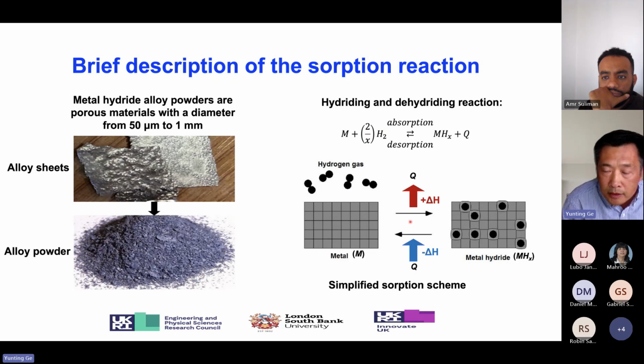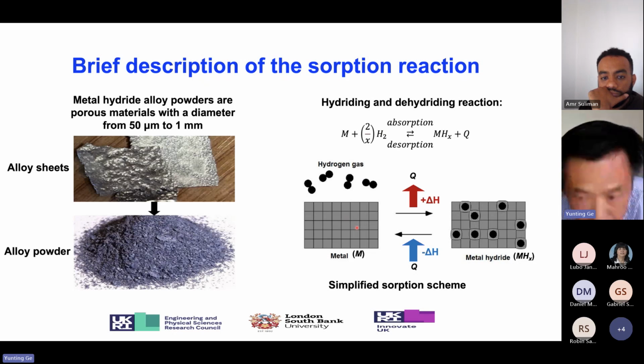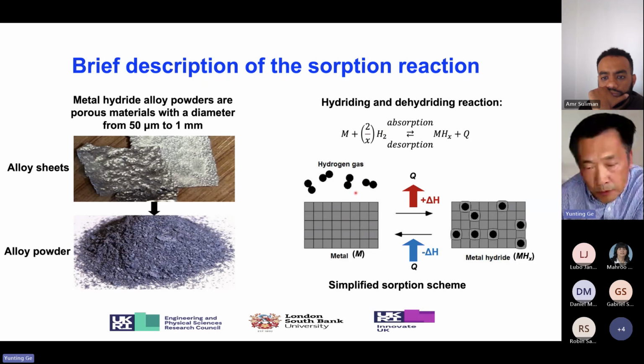On the bottom, you can see the graphic here. Here is the metal, which we call the metal crystal, and above it is the hydrogen gas. Because of the pressure difference between the hydrogen gas and the inside of the metal crystal, the hydrogen will actually form a solid solution inside the metal crystal, and in the meantime the heat is released.